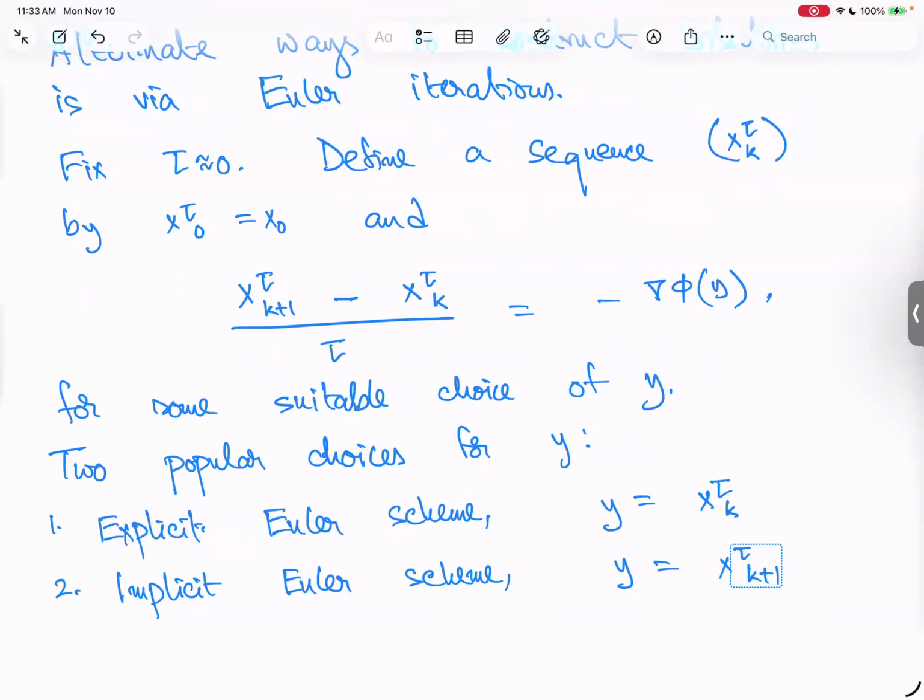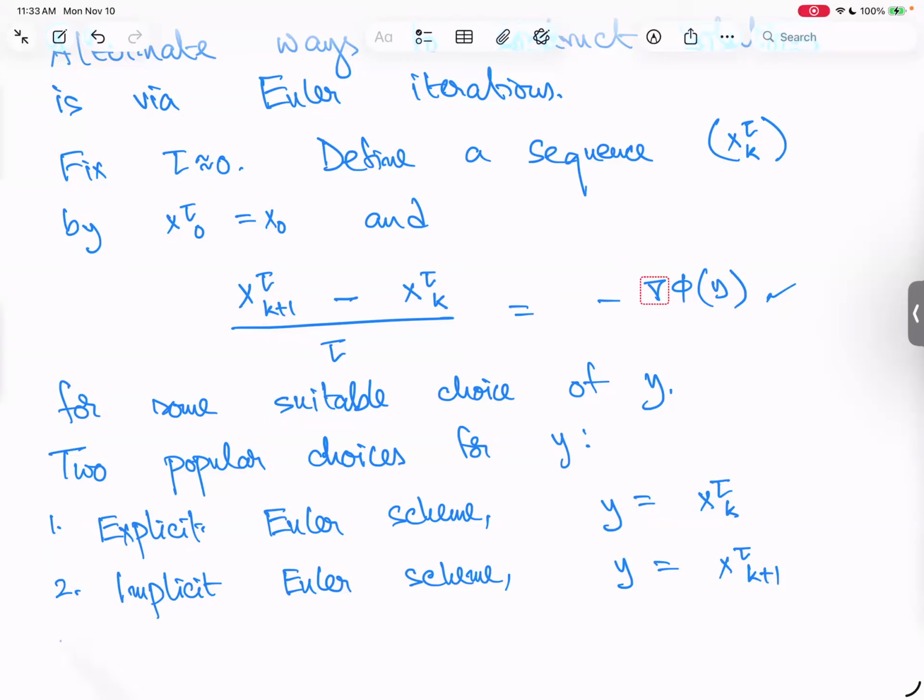You can see why these are named so, because if I take y to be x_k^tau in this equation, then I can solve for x_{k+1}^tau purely in terms of x_k^tau. For the implicit one, this becomes an implicit equation. I don't have a closed form solution for x_{k+1}^tau, but it gives me some way to proceed if I can essentially solve that implicit problem.